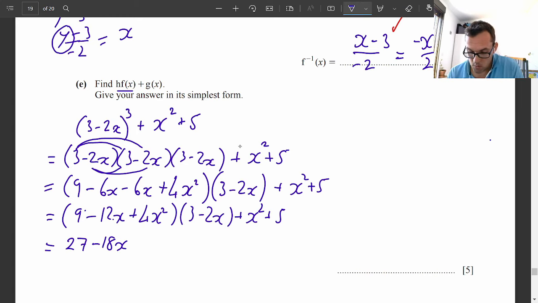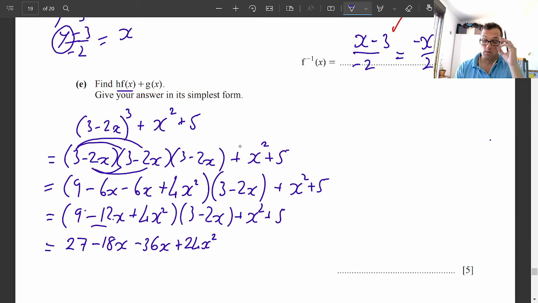Next, the minus 12x. Minus 12x times 3, minus 36x. And then minus 12x times minus 2x. Two negatives makes it positive. 12 times 2 is 24. x times x is x squared.